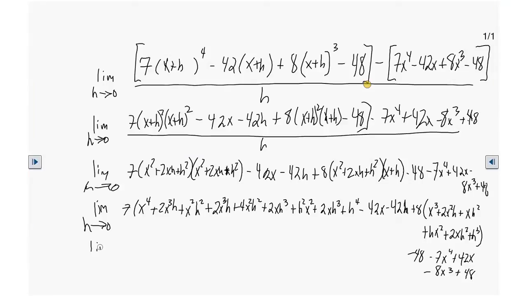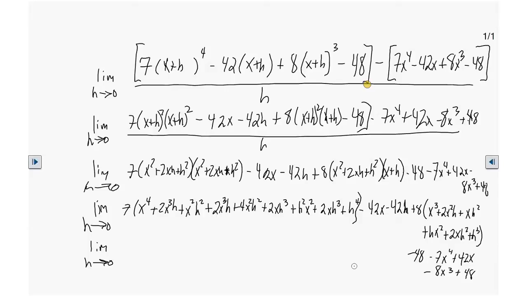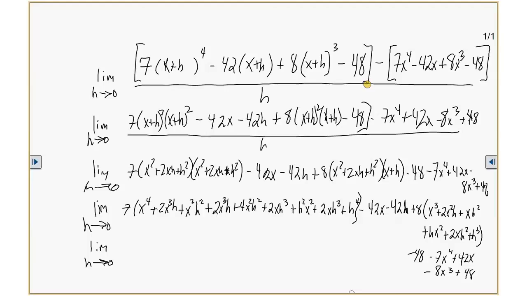Limit as h approaches 0, and let's see, that's going to go all the way to h to the 4th. Where's h to the 4th? That's right here. So I've got to distribute that to 7.